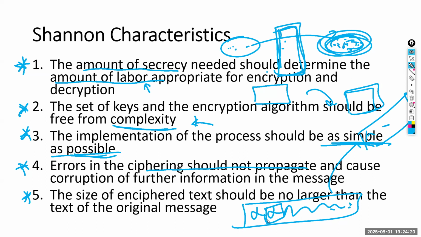It must not affect other parts. Maybe your system made a mistake encrypting this part, so then only this part must be unavailable or corrupted, not the entire plain text. That is what it says: errors in the ciphering should not propagate and cause corruption of further information in the message.